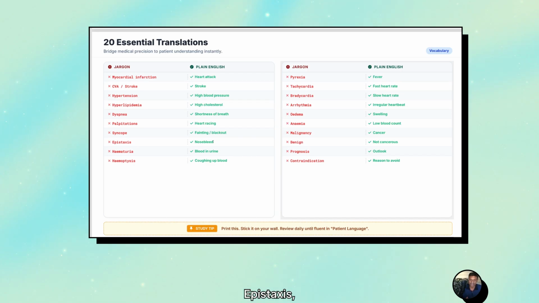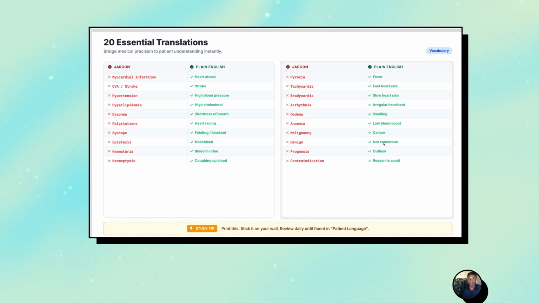Epistaxis, nosebleed. Hematuria, blood in urine. Hemoptysis, coughing up blood. Pyrexia, fever. Tachycardia, fast heart rate. Bradycardia, slow heart rate. Arrhythmia, irregular heartbeat. Edema, swelling. Anemia, low blood count. Malignancy, cancer.